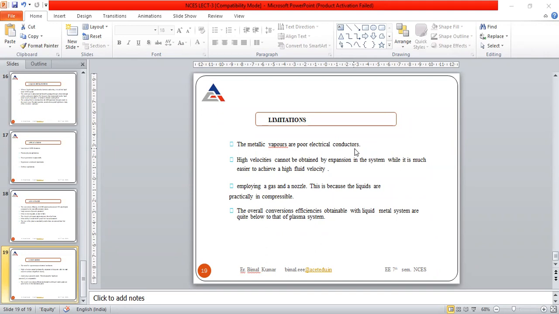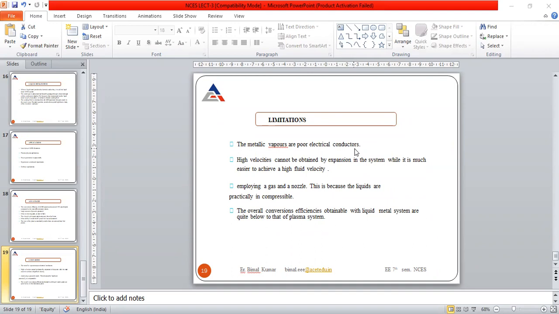high velocity cannot be obtained by expansion in the system, while it is much easier to achieve a high fluid velocity. In the case of the conventional generator, it is very tough to obtain a high velocity because dφ/dt, that means the rate of change of flux, is directly proportional to the speed or velocity of the coil placed in the magnetic field.